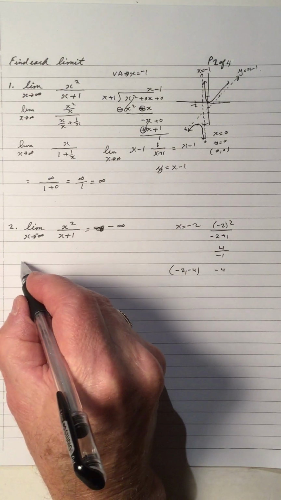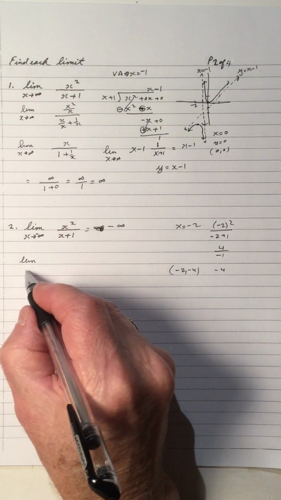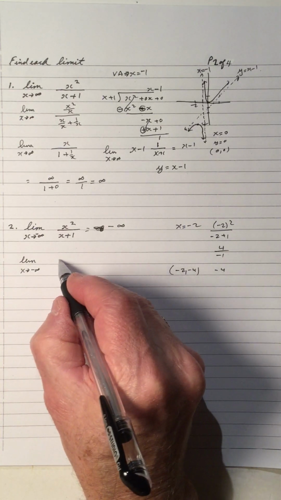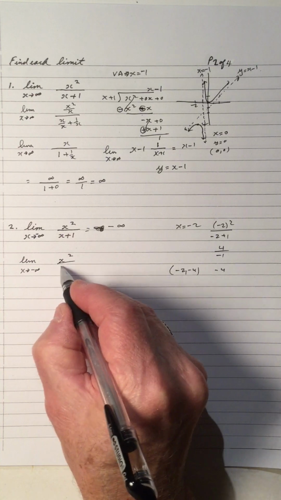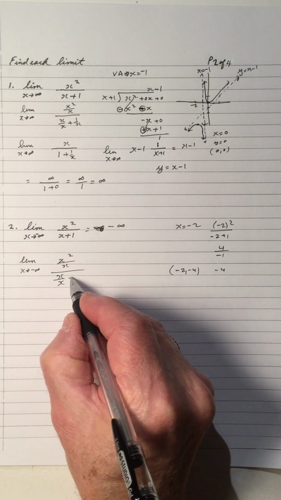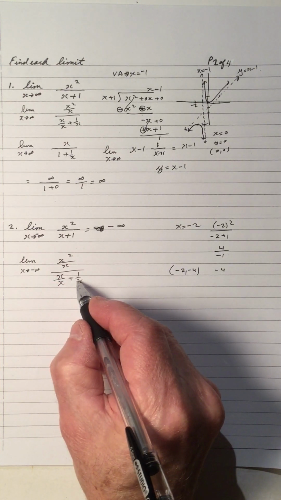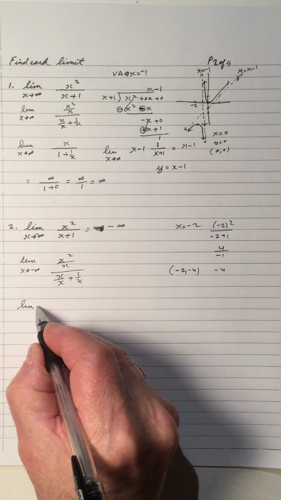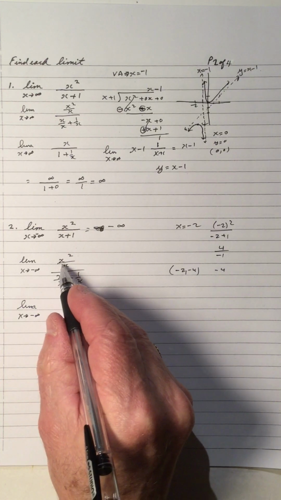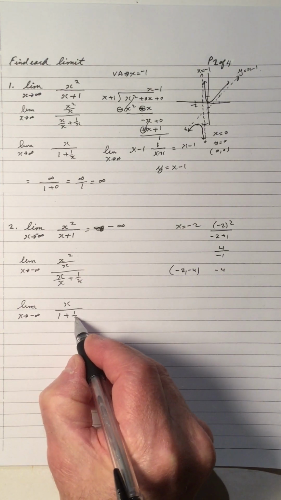But let's work that out, because I had the graph drawn. If I didn't have the graph drawn, let's divide by x squared divided by x, and x. So I divide the numerator by x, the denominator by x. So that's the limit of x going to negative infinity. Let's simplify this. That gives us x over 1 plus 1 over x.